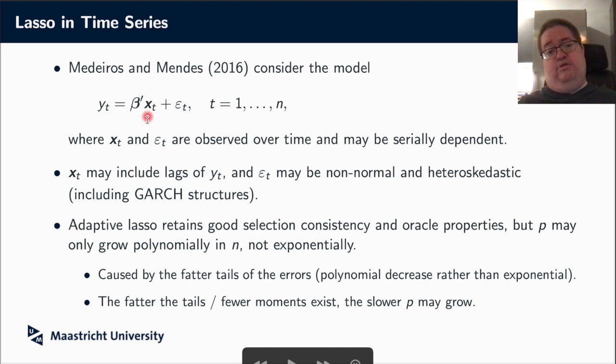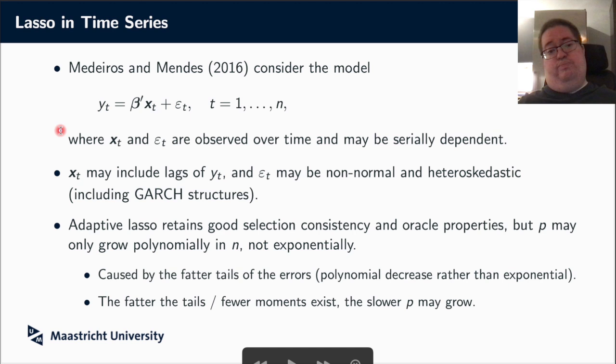There would be serial dependence among the X's. There may even be serial dependence among the epsilons, although of course you would not want to have both lags of Y and serial dependence there. But you would definitely also want to have something like non-normality, fat tails, heteroscedasticity. You think, for instance, about wanting a GARCH structure, right? Maybe you want to estimate such a model on financial data.